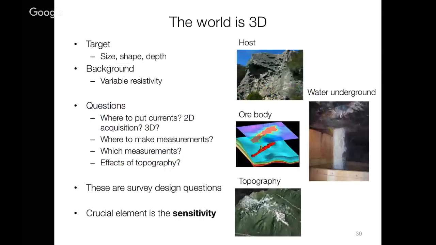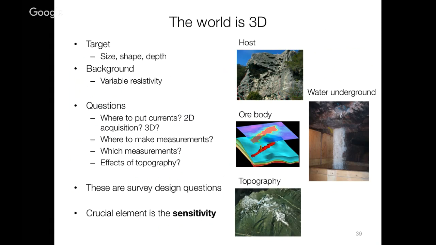Okay, so far we've just been taking small steps to understand what's going on, and we're okay for 2D. So now things get more complicated, right? Because what's the size, the shape, background resistivity? How is it affecting us?